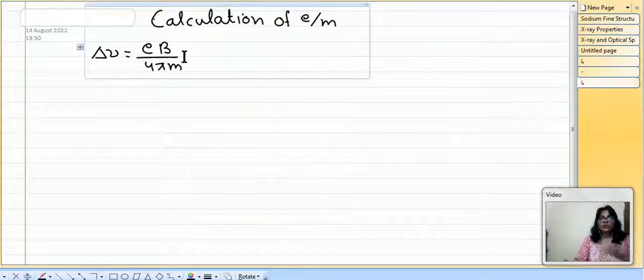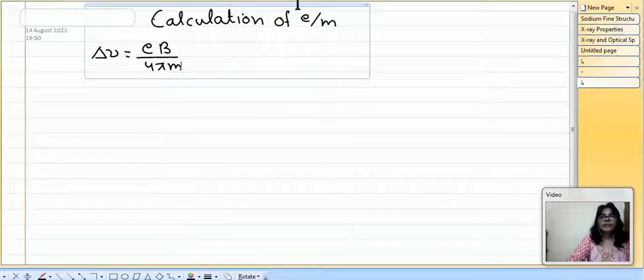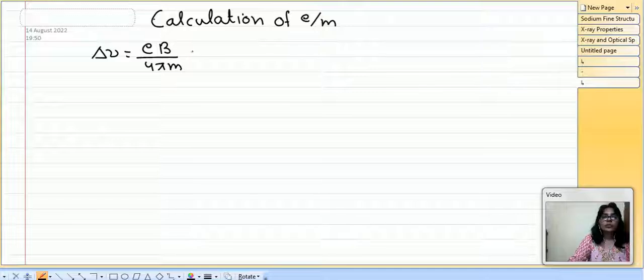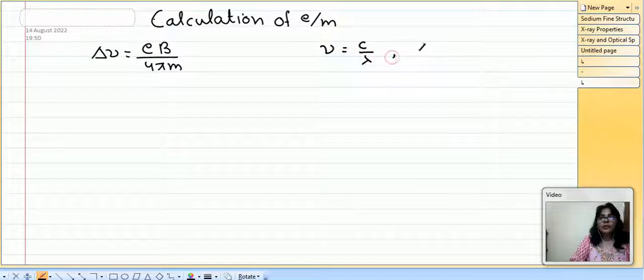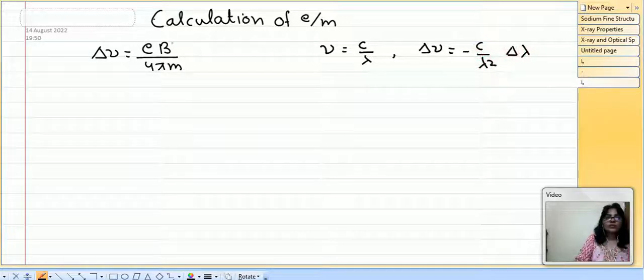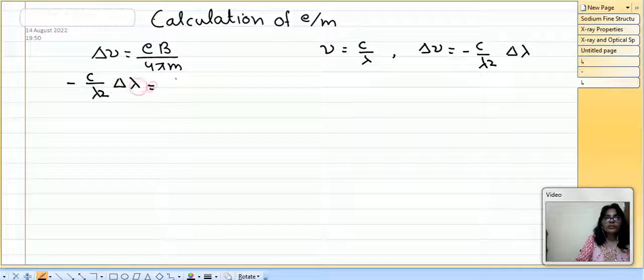Now this is the term: delta nu is equal to EB upon 4 pi m. And then nu is equal to C by lambda, so delta nu is equal to minus C by lambda square into delta lambda. Let us substitute this value. Minus C upon lambda square into delta lambda is equal to EB upon 4 pi m.